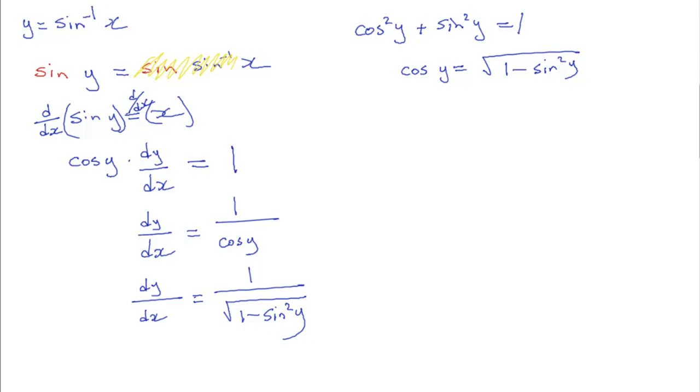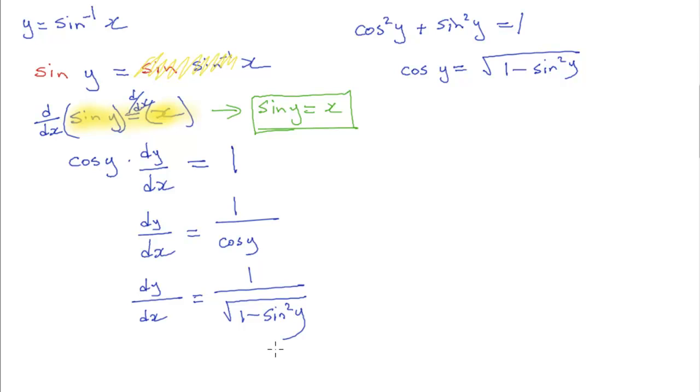If we just look back at our steps here, let me highlight it for you. Look at that step. Look what we had right there. Let's just write it again to the side here. This was sine y equal to x before we stuck in the other pieces. So that's what that said, sine y equals x.